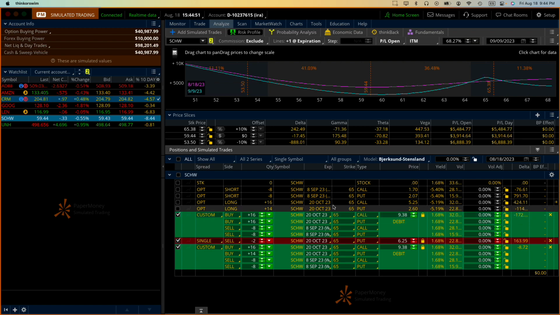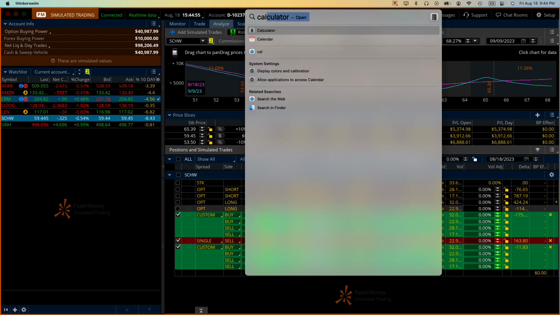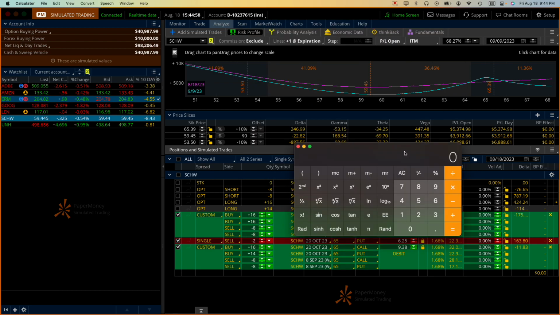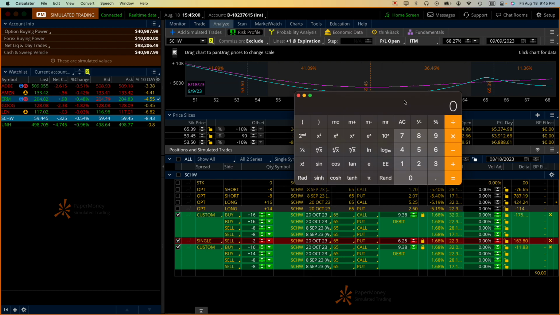this is the original price. Let me just bring the calculator. So it's 9.38 was the original price times 800 gives me the exact original price, 7508. I reduced this trade.